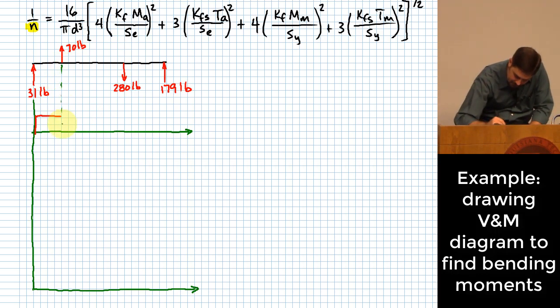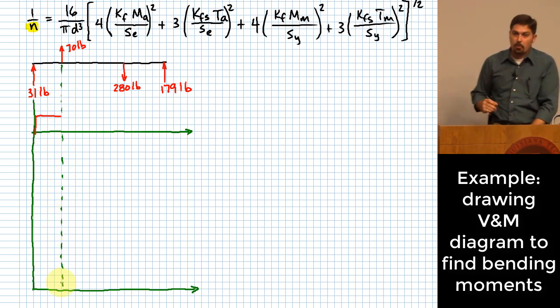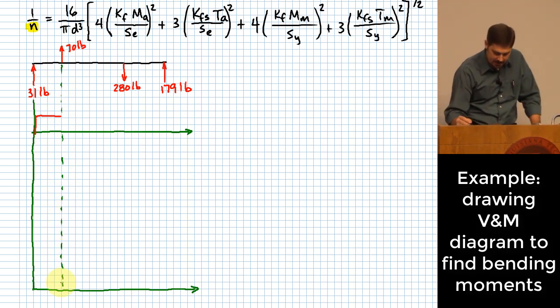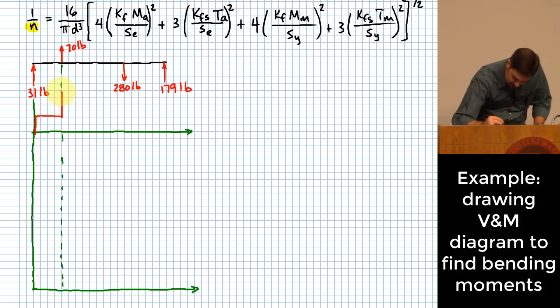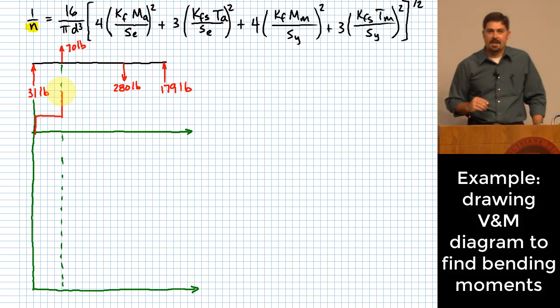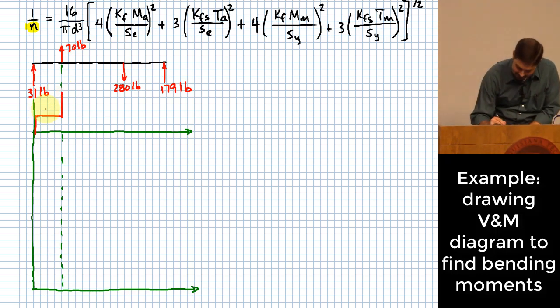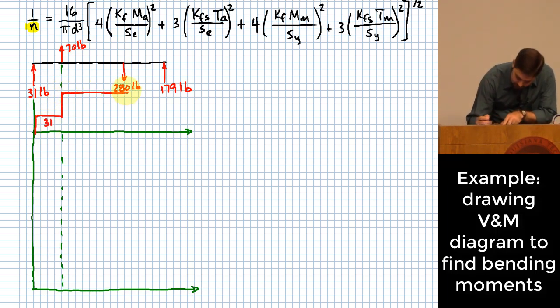Then what? Okay, the next change we have occurs at the next applied force, right? So it increases there by 70 pounds. This may not end up being drawn perfectly to scale, but hopefully you get the idea. So this is 31 right here. It goes up to, okay, 101.